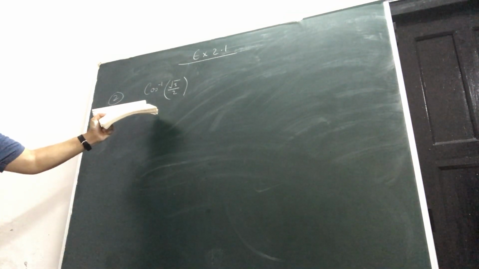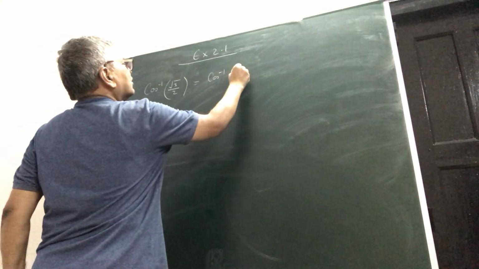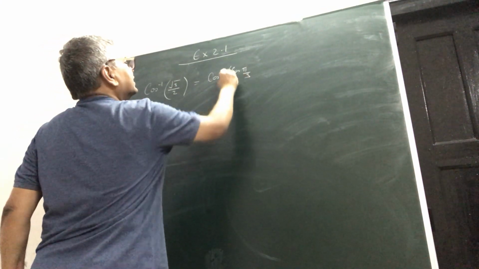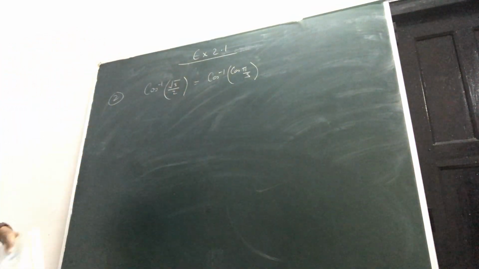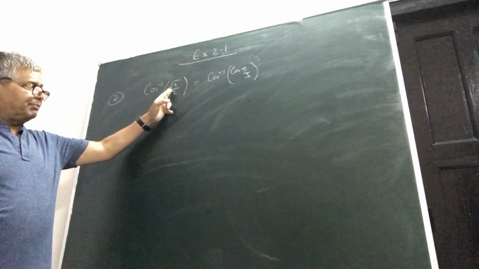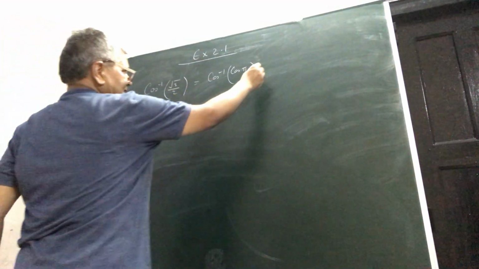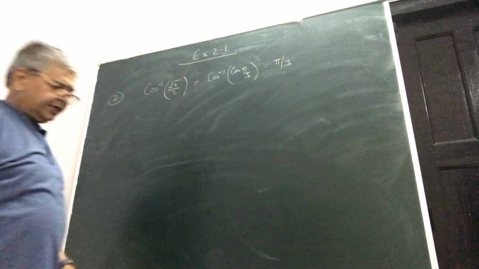It is cos pi by 3. So it is cos inverse cos of pi by 3. And please see, this is in the principal branch. It is already in the principal branch, so I can very well write, and this is simple. It is nothing but pi by 3.